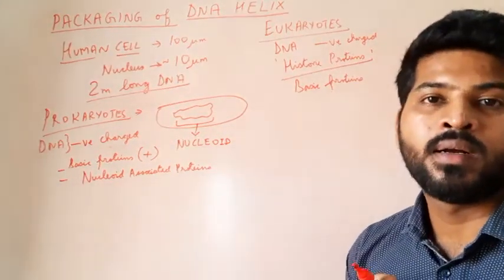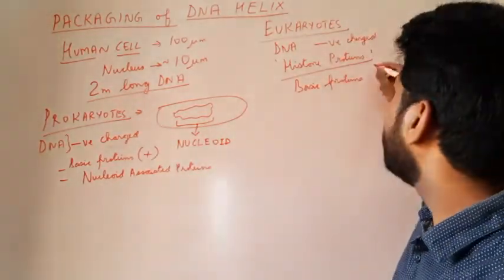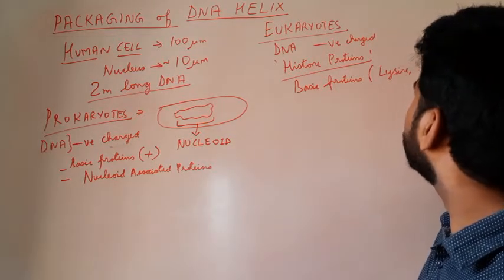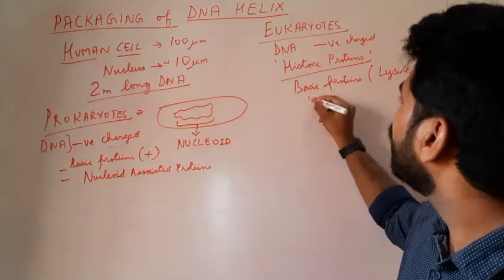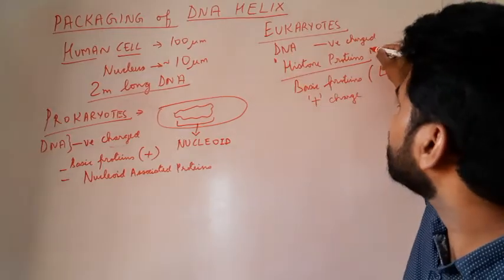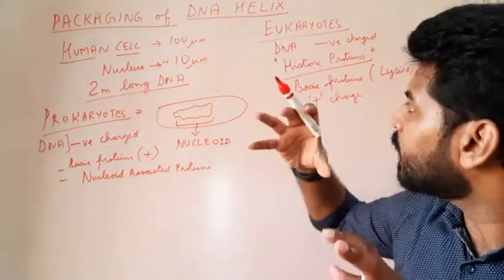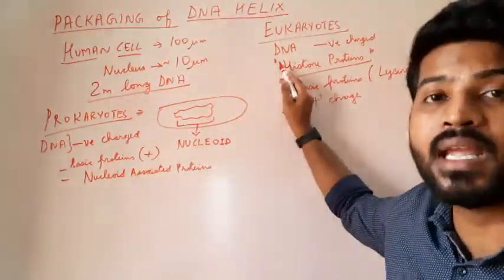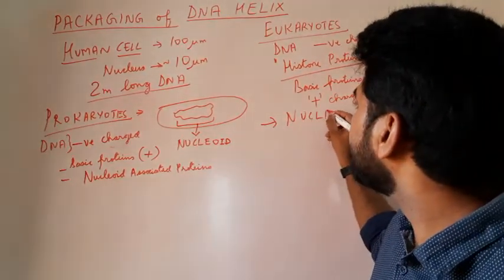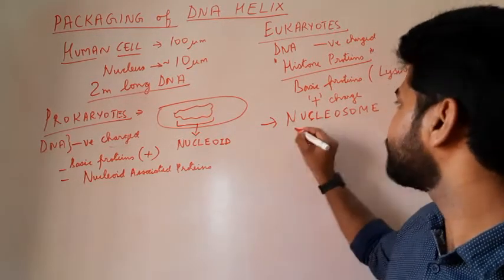If a protein contains more basic amino acids, say lysine, arginine, in this particular case, it will give an overall positive charge to the histone proteins. These positively charged histone proteins will combine with the negatively charged DNA helix, and together it will result in a structure called the nucleosome.